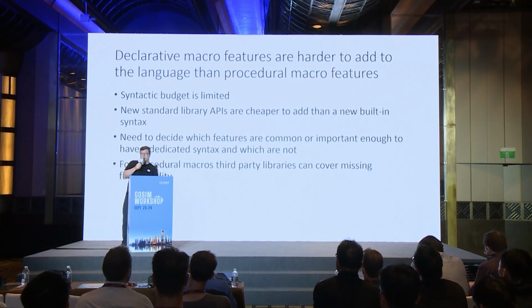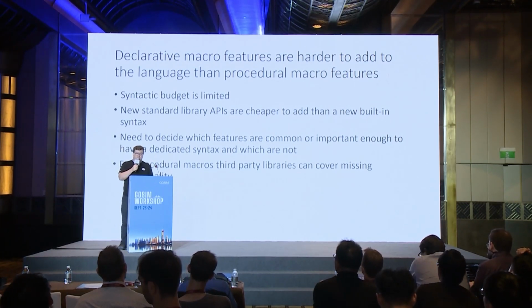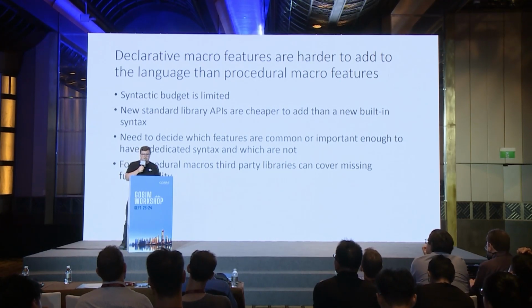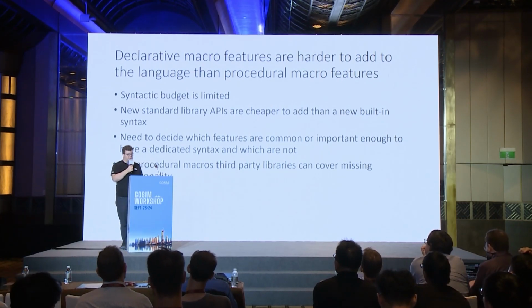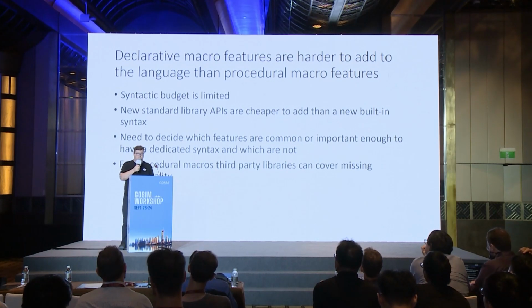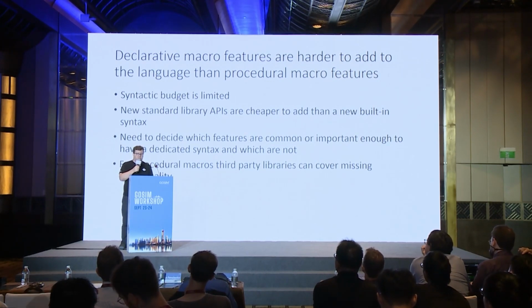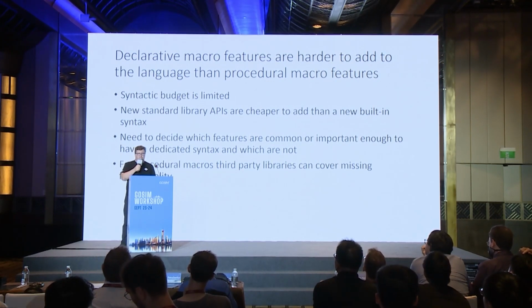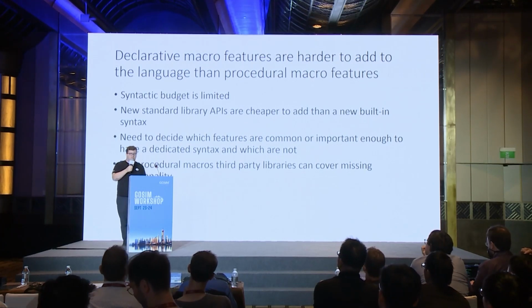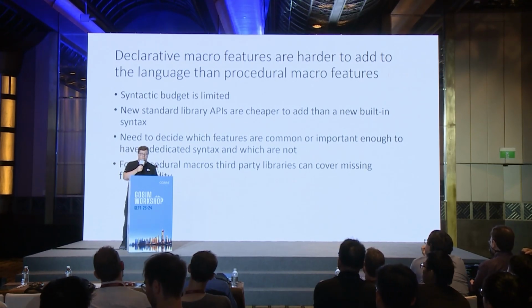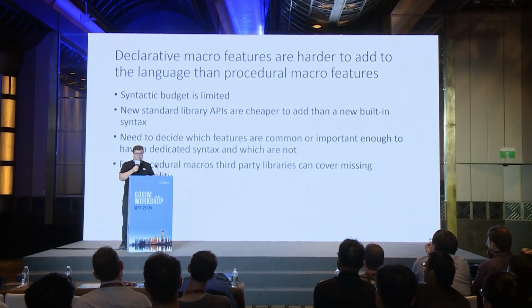In general, like any language feature rather than a library feature, it is harder to bring it into the language because the syntactic budget for the language is limited, and it is usually cheaper to add standard library APIs than to add something into the proper language.